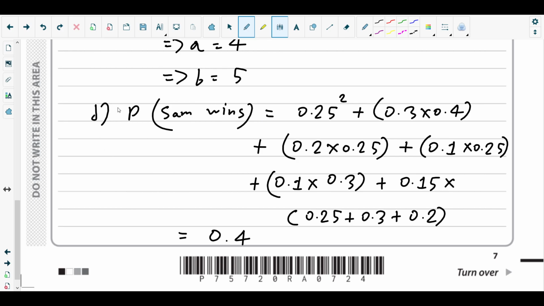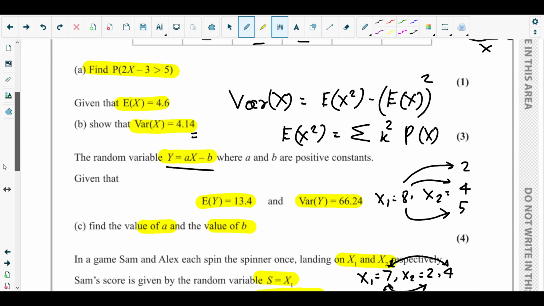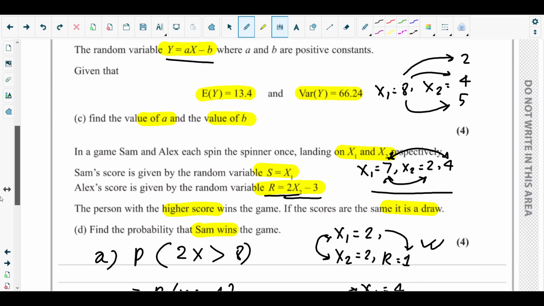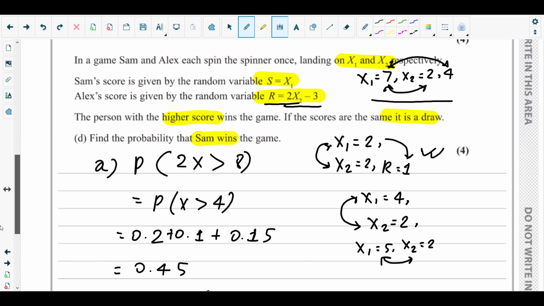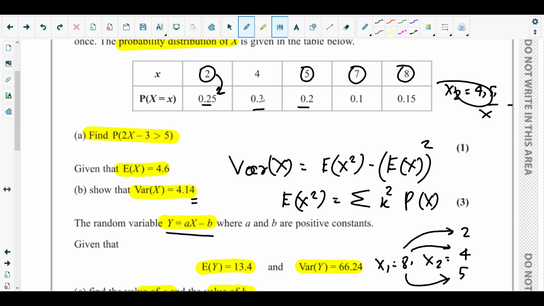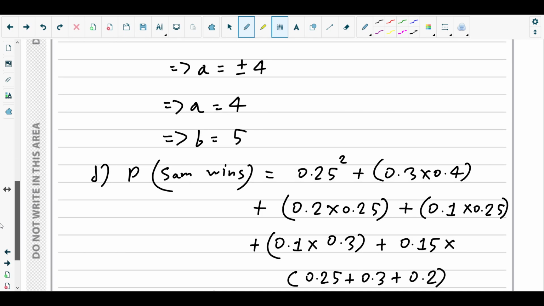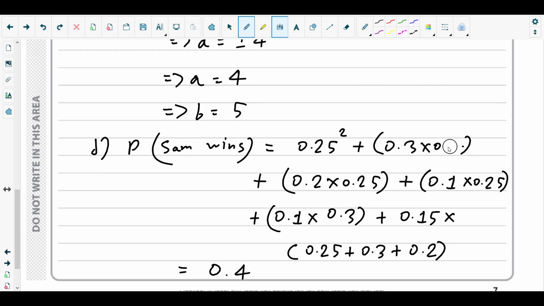Let's check whether our probabilities were fine. The first one was 0.25 squared. The second one was x1 is 4 and x2 is 2. 4 is 0.3 and 2 is 0.25, so 0.3 times 0.25. Let's correct it: it should be 0.25.